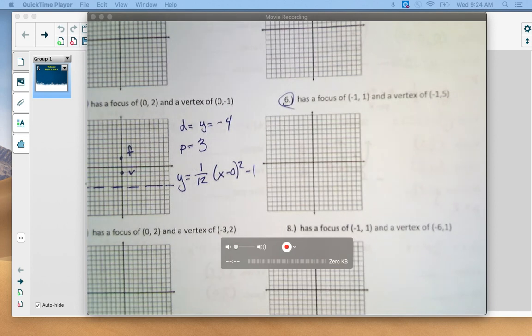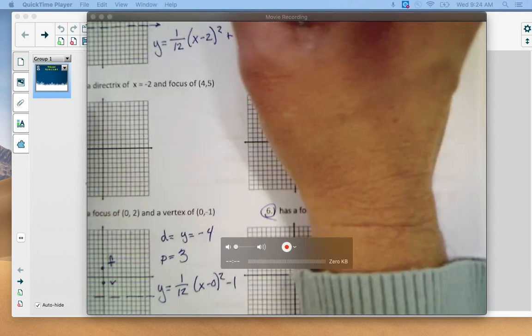Try 6. Actually, go back and try 2 and 6.